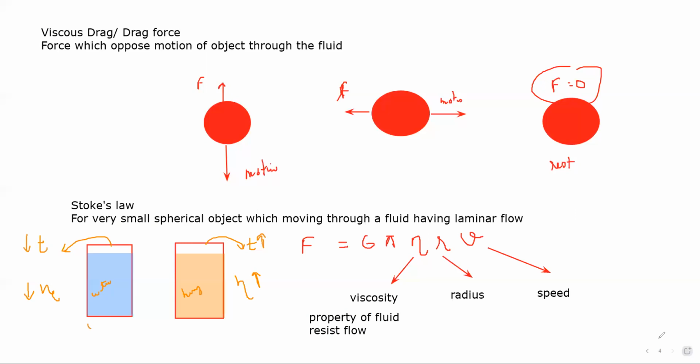Viscosity changes with temperature. For liquids, the viscosity is inversely proportional to temperature. If you increase the temperature, the viscosity will decrease and the fluid will flow easily. So if any fluid is not flowing, you can warm the fluid so it can flow easily.